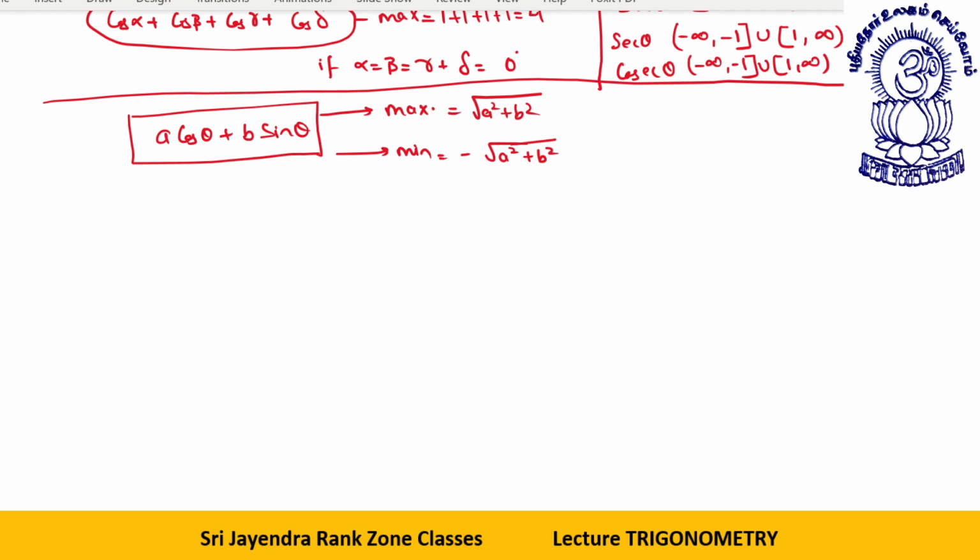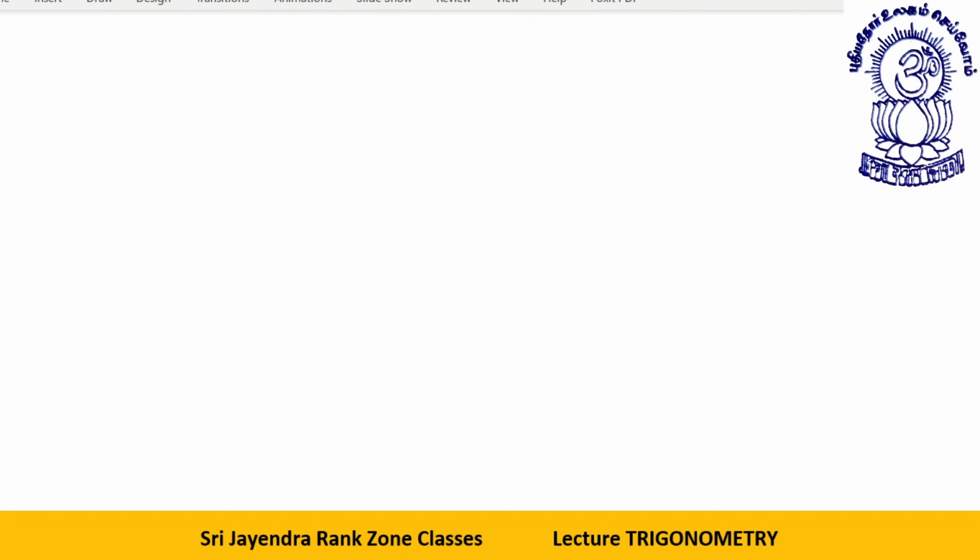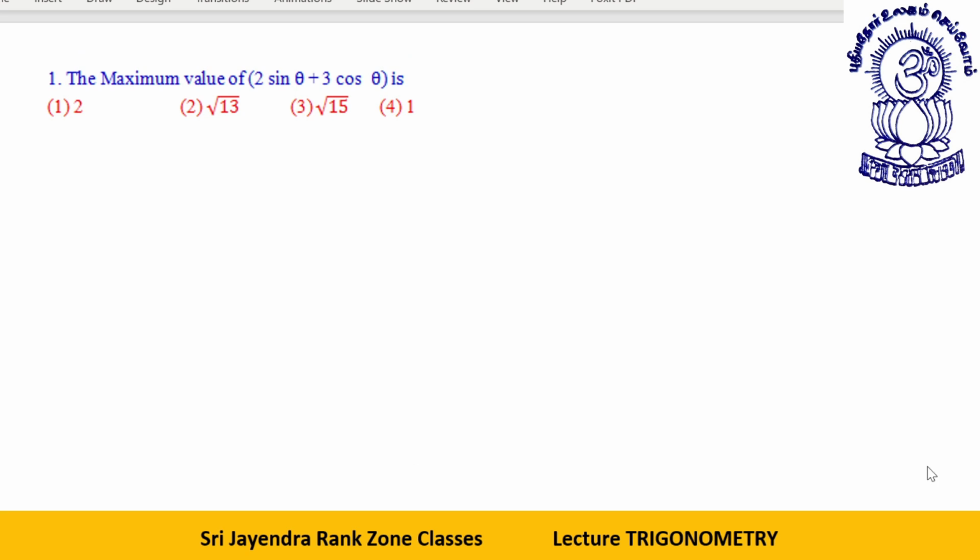So I should be starting with the question. You have the expression, the maximum value of 2 sine theta plus 3 cos theta. Here a is equal to 2, b is equal to 3.